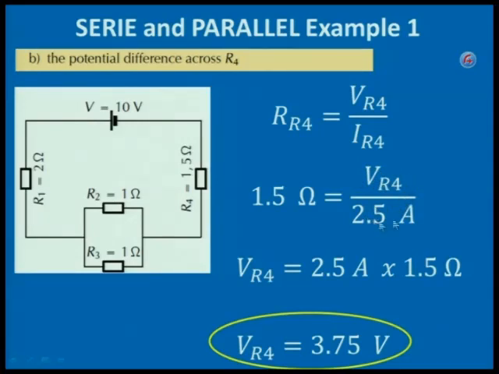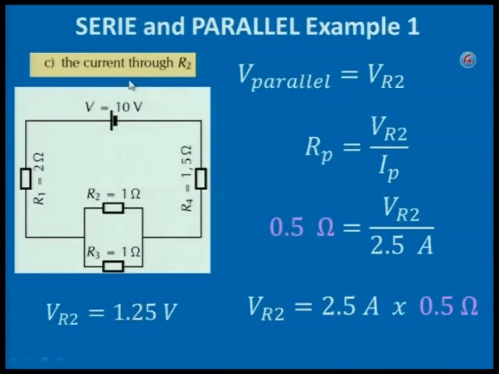And then the current would be the total current, since this resistor is in series. So the total current flows through it. If you rearrange your numbers, you'll get to 2.5 amperes multiplied by 1.5 ohms, which then gives you 3.75 volts, which is the potential difference across R4.